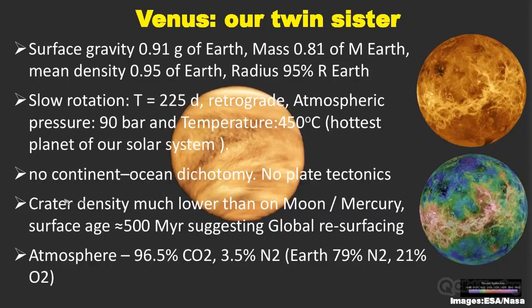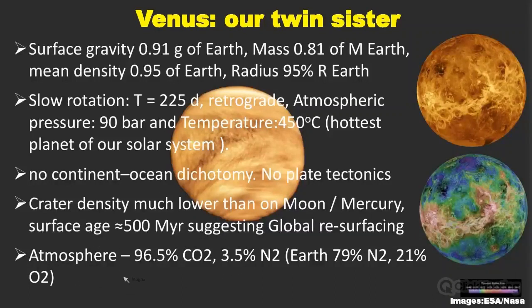It does not have a continent-ocean dichotomy as we have on Earth, and no plate tectonics is observed, which again was initially an assumption. The crater density is much lower in comparison to the Moon and Mercury, so some kind of global resurfacing probably happened about 500 million years ago.